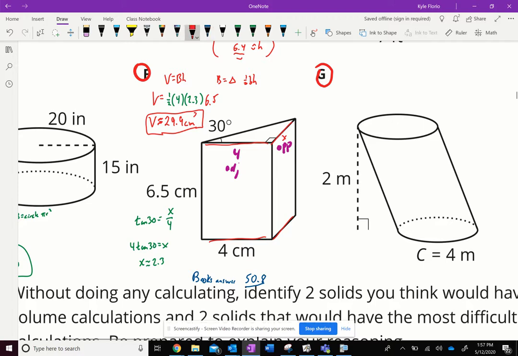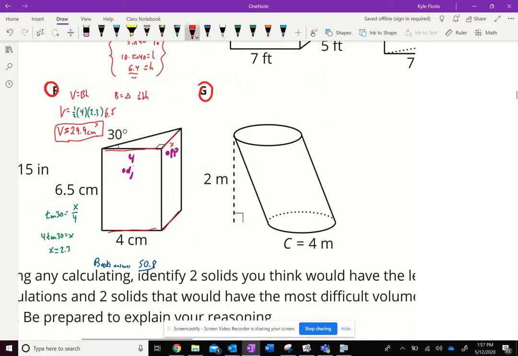Anyways, the last one, we have another oblique cylinder. The volume is still the area of the base times the height, and the base is a circle, which we know the formula for the area of a circle is pi r squared. We just don't know what the radius is.